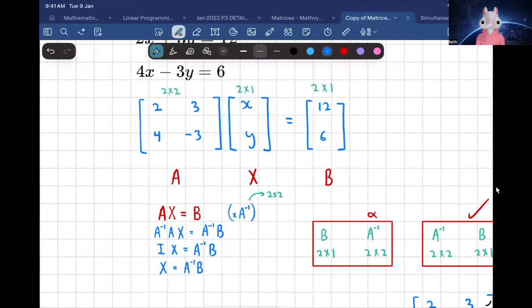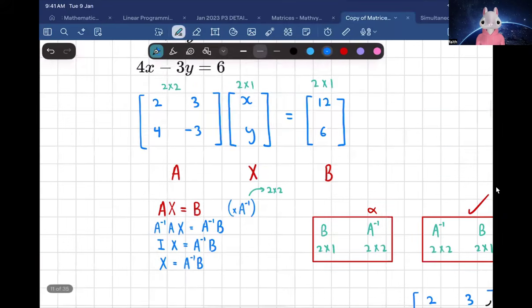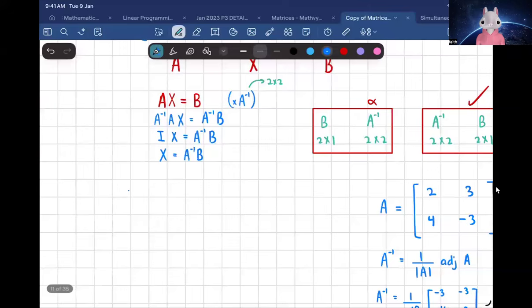What did we say matrix X was? What was matrix X, guys? X and Y, right? So I'll say X and Y, and that's supposed to be equal to what?